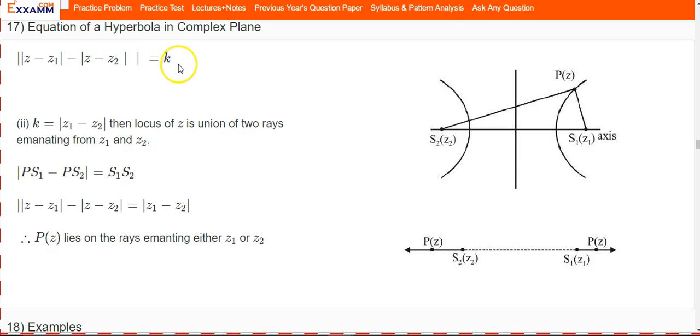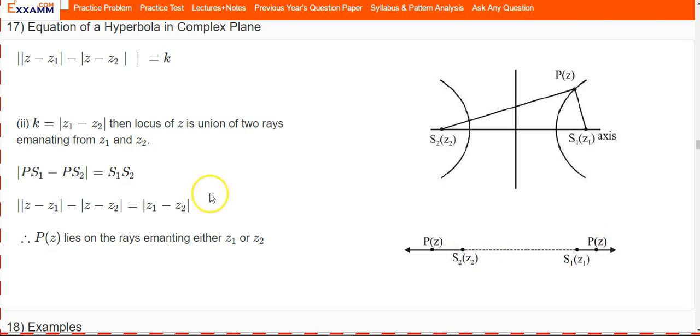If this difference is constant, then we will get the hyperbola. But here again the same old condition: if k is equal to modulus of z1 minus z2, then in that case P(z) would lie on the rays emanating either from z1 or z2, that is this ray or this particular ray.